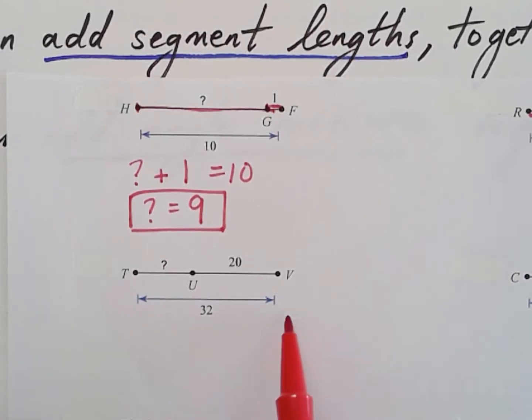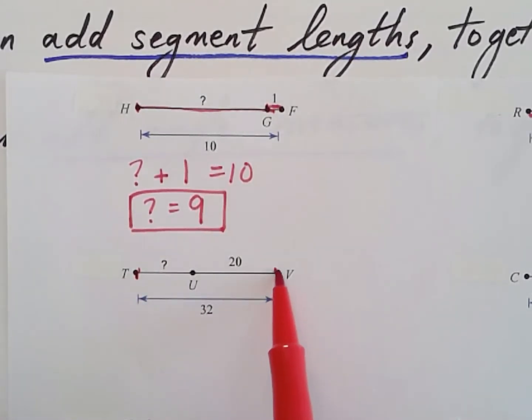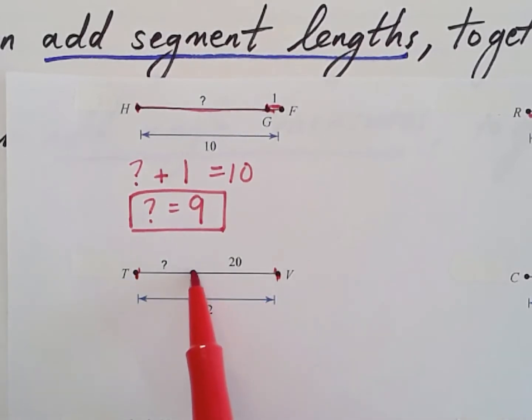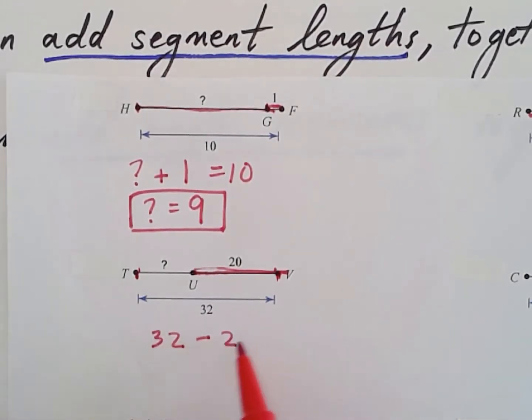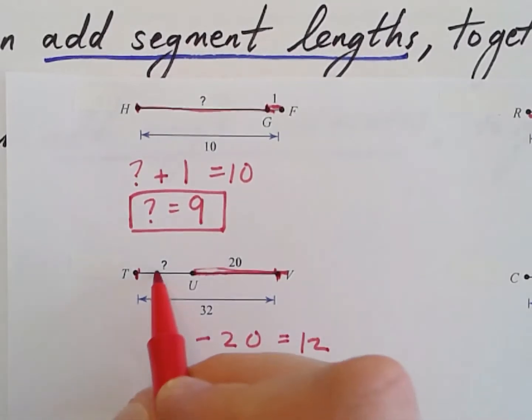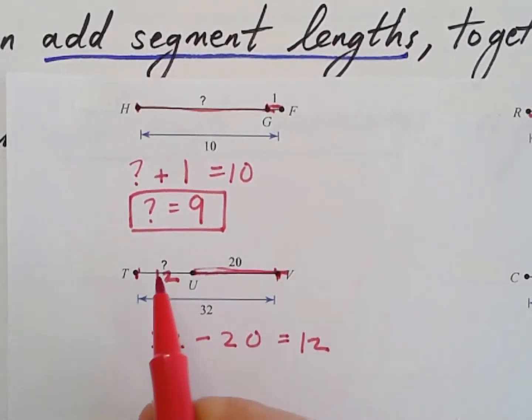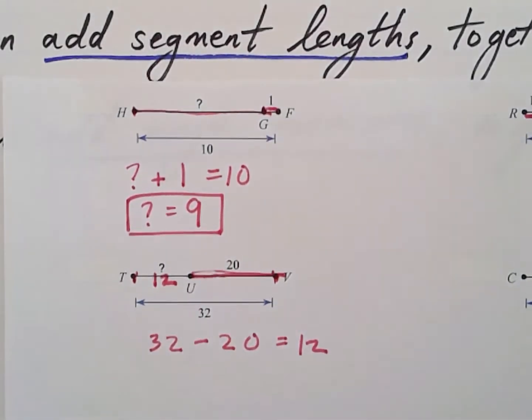The entire thing, all the way from T to V, is 32. And we know that 20 accounts for this much. So then what is left over is 32 minus 20, which is 12. So this has to be 12 right there, because 12 plus 20 equals the whole thing, 32.